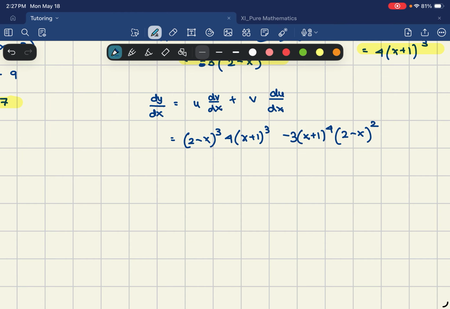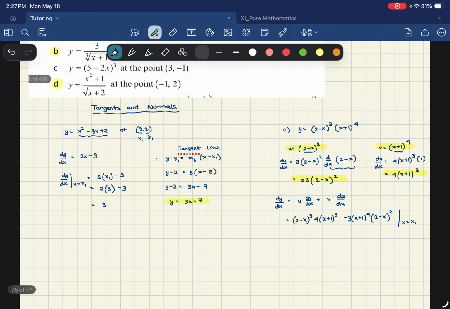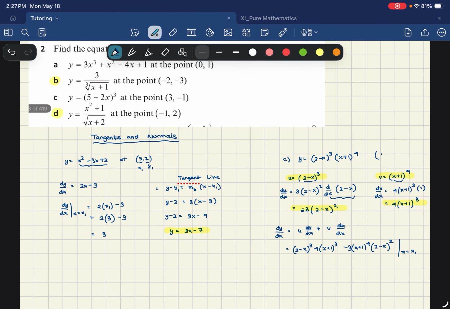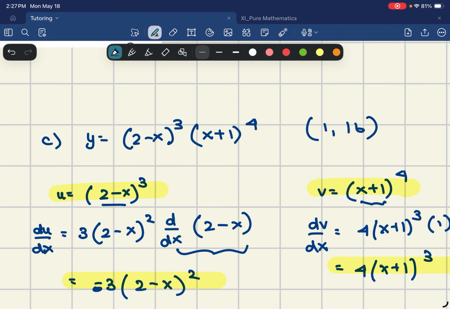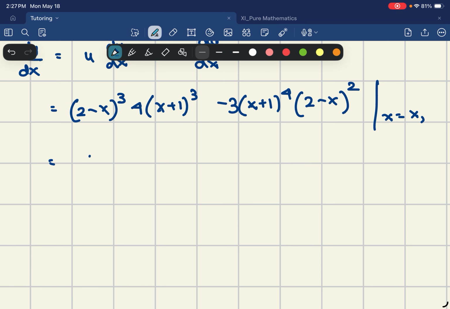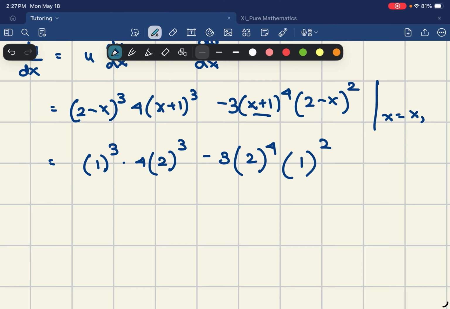And now we want to find dy by dx at x is equal to x1. And now let's look at the point. They said point (1, 16). So remember, 16 is your y1, 1 is your x1. So let's just substitute 1 into this expression. 2 minus 1 is 1 cubed times 4 times 1 plus 1, which is 2 cubed, minus 3 times, if you substitute 1 here, you get 2 to the power 4, and you get 1 to the power 2.